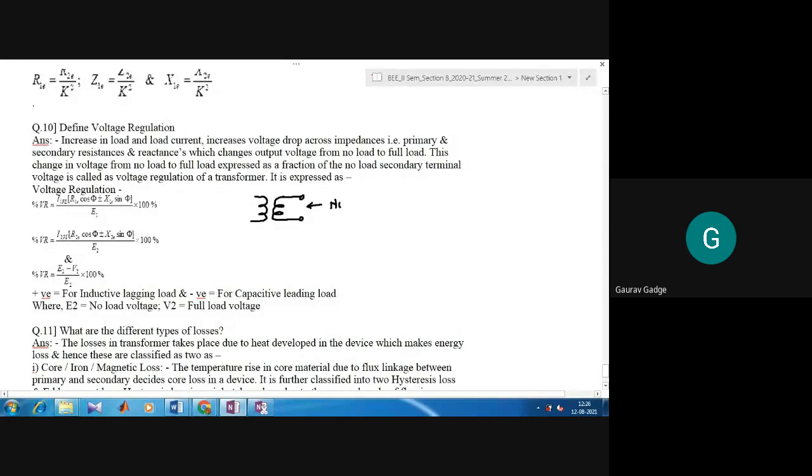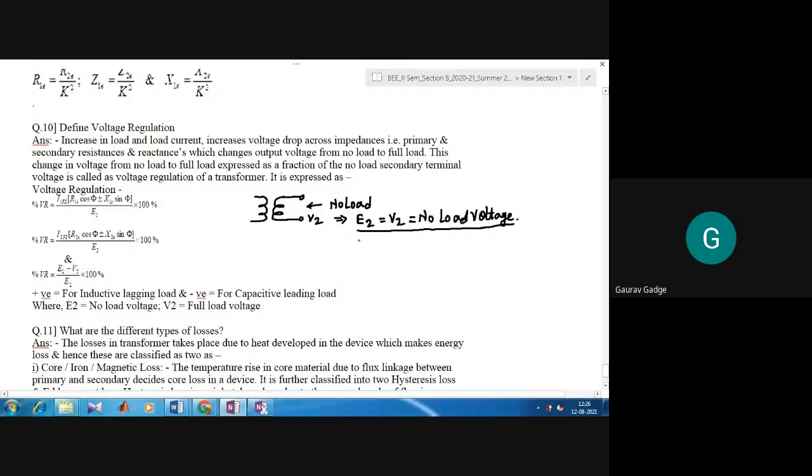Under no load condition, whatever voltage we measure is V2, and generally we say E2 is equal to V2. That voltage is called the no load voltage. So E2 is equal to V2, the no load voltage.